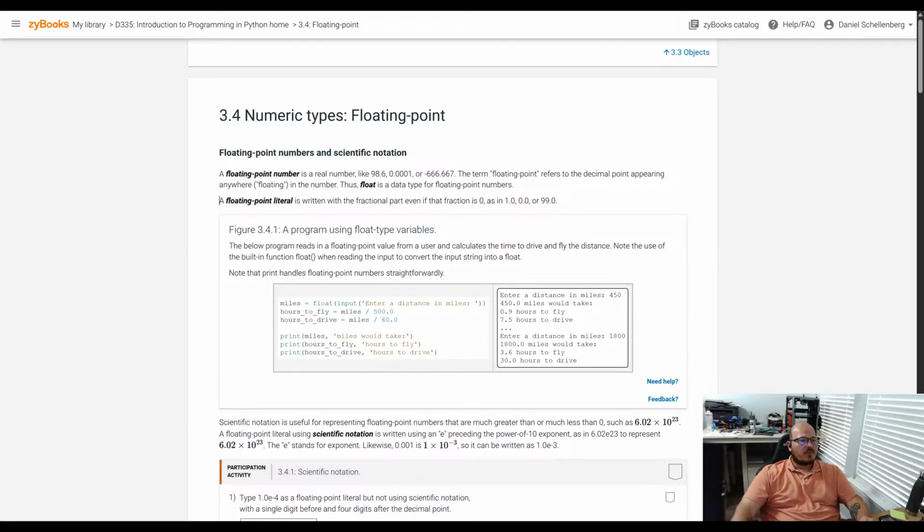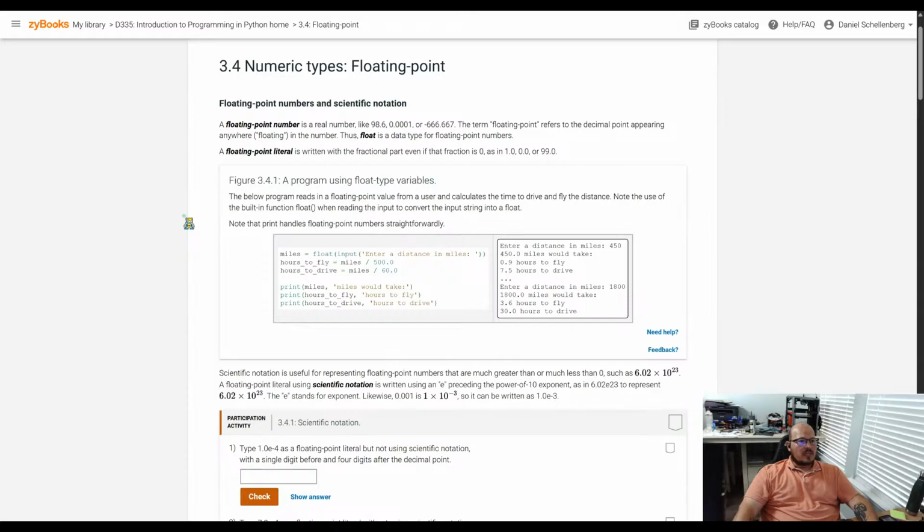Floating point numbers and scientific notation. A floating point number is a real number like 98.6, 0.001, or negative 666.667. The term floating point refers to the decimal point appearing anywhere, floating, in the number. Thus, float is a data type for floating point numbers.